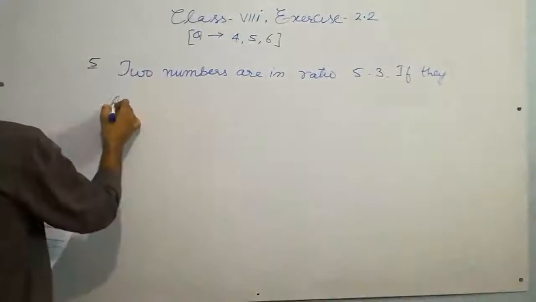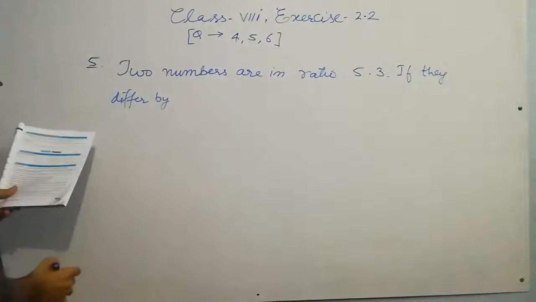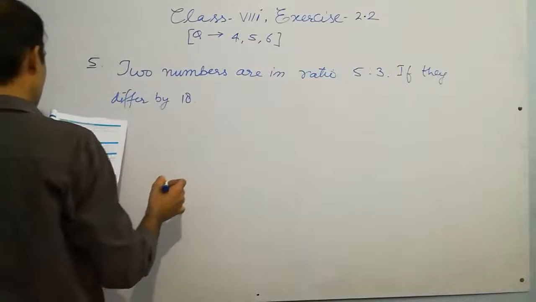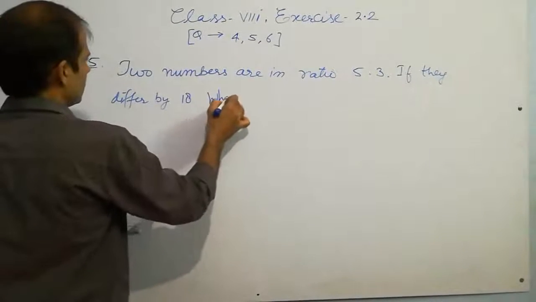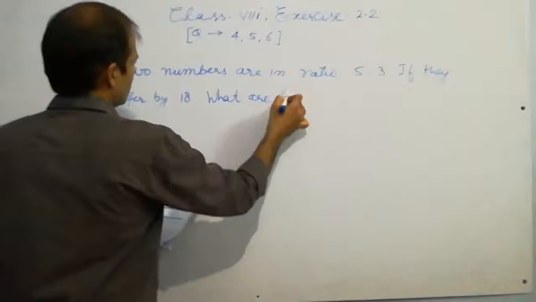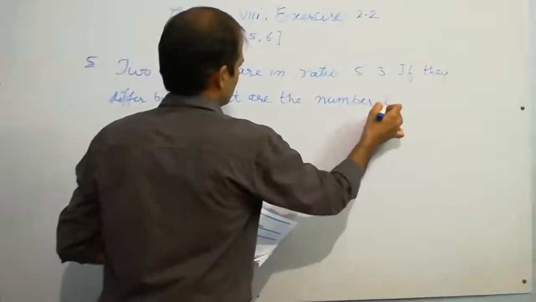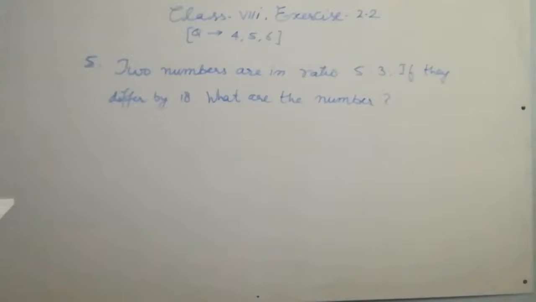If they differ by 18, what are the numbers? Two numbers are in ratio 5:3 if they differ by 18. What are the numbers?